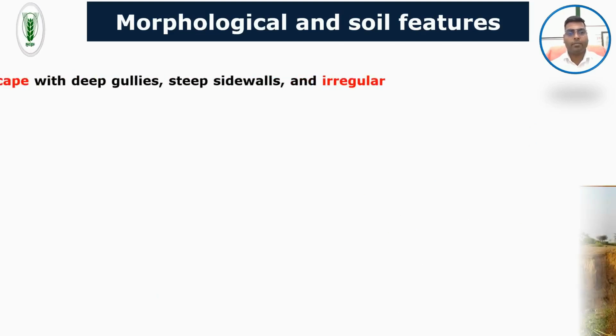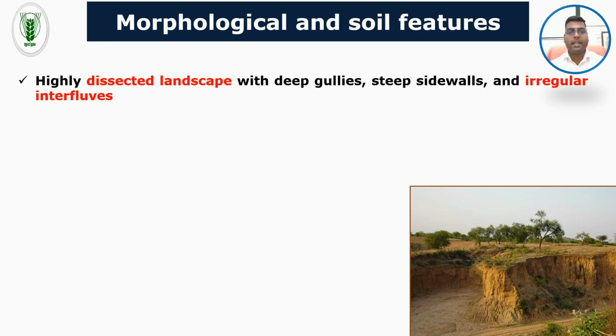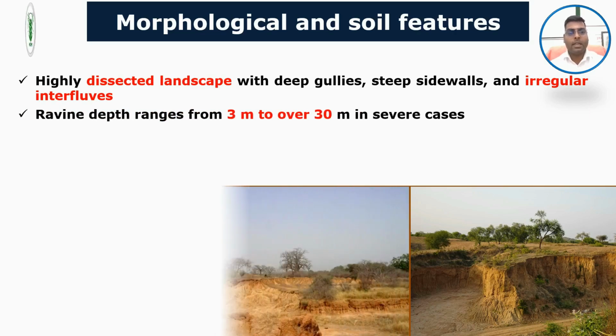Now we will discuss about the morphological and soil features of ravine. Ravines are highly dissected landscape with deep gullies, steep side walls, and irregular interfluves, which means elevated land and ridges. Ravine depth ranges from 3 meter to more than 30 meters in severe cases.